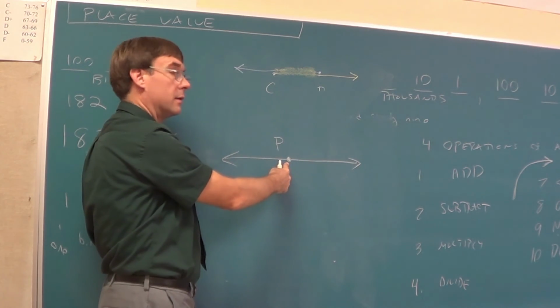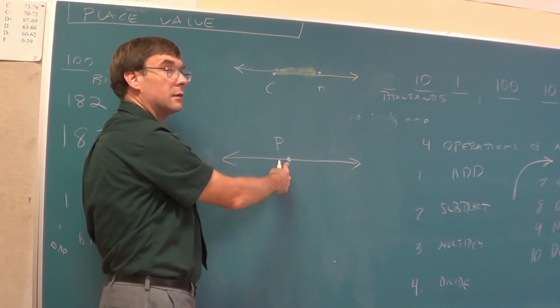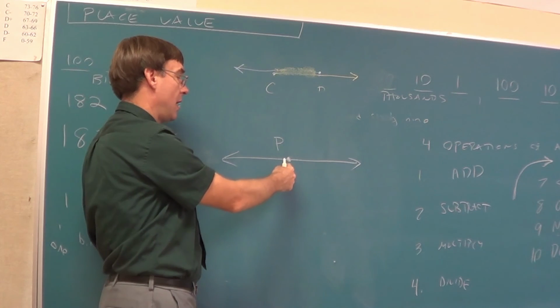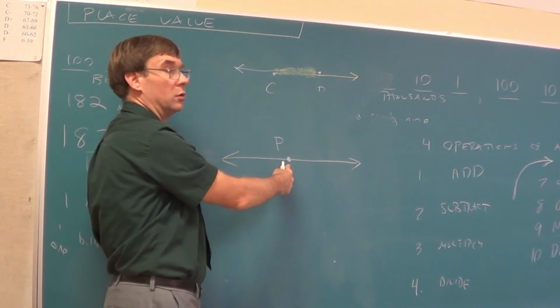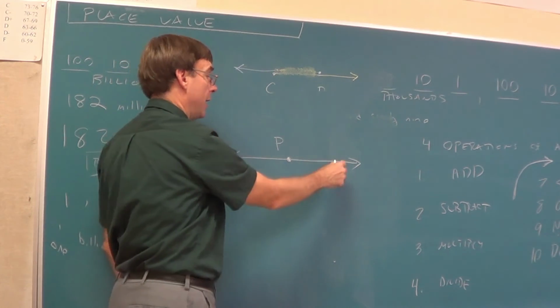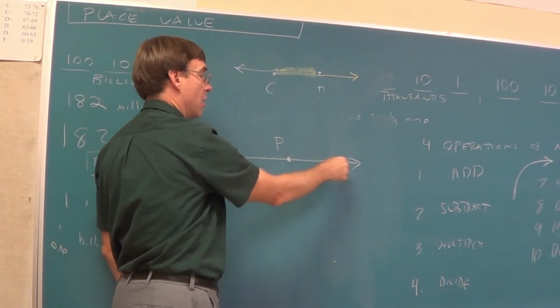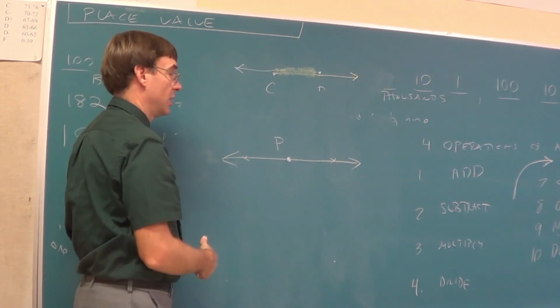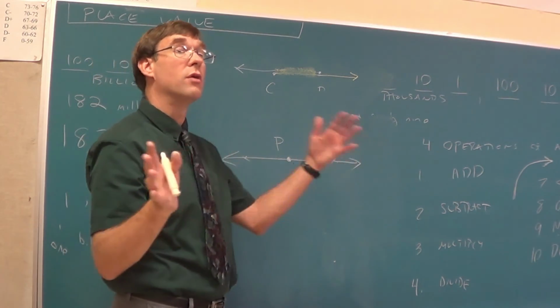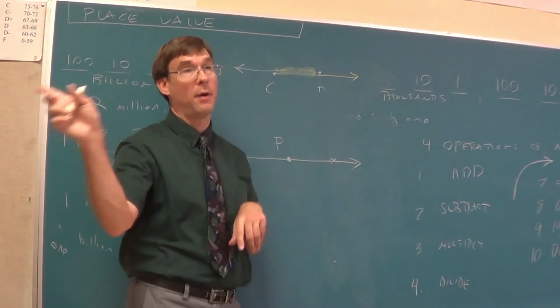Anybody have an opinion? How many numbers would be 6 away from that? 2. Why 2? One to the right, so there might be something over here that's 6 away, but there's also got to be something over there that's 6 away. There'd always be 2 that are that distance away, one going that way, one going that way.